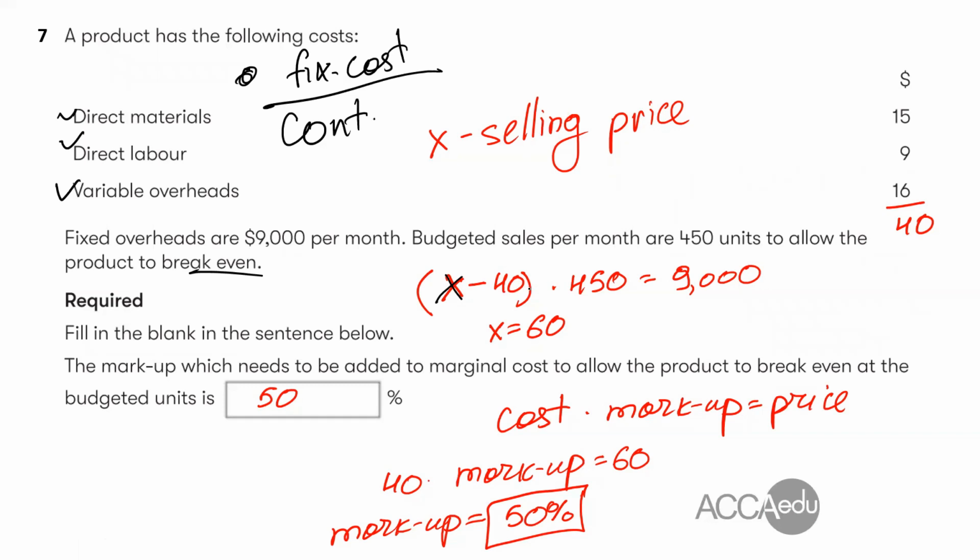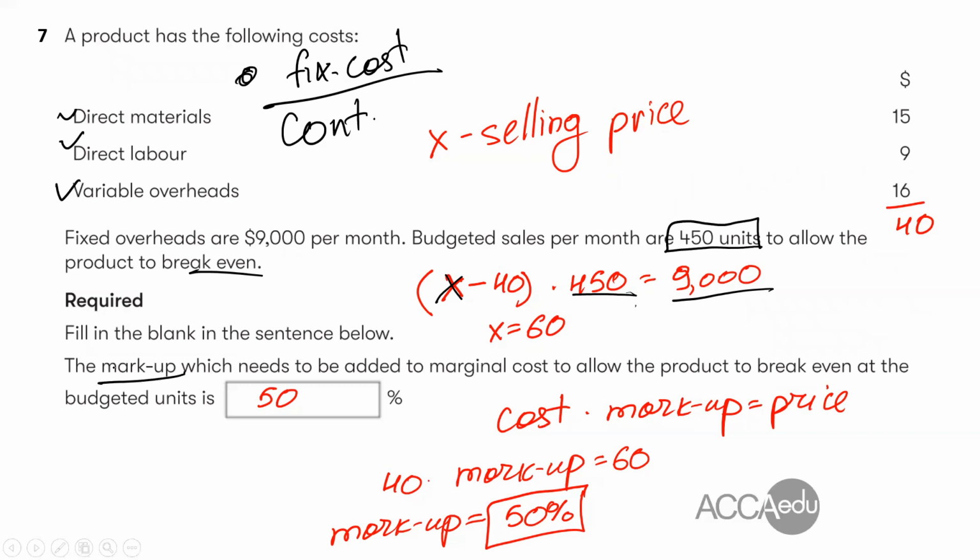And our budgeted units are 450 units. So when we multiply the number of units by contribution, then it should equal fixed cost to break even, so that all our costs equal our revenue. So we found X is 60, which is the selling price. Now we find the markup.